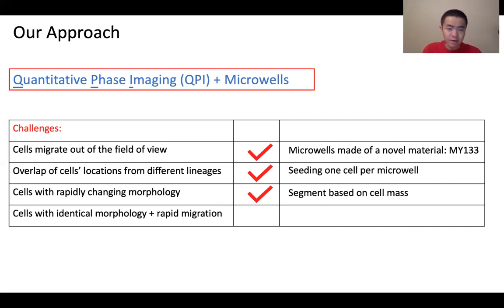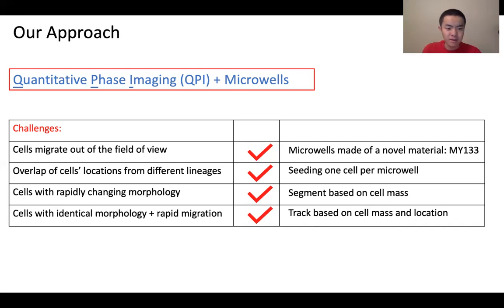Also, with the help of QPI, our segmentation is based on cell mass. And our tracking is also based on cell mass plus location. This really helps us address the problem of cells with rapidly changing morphology and cells with identical morphology that move really fast.